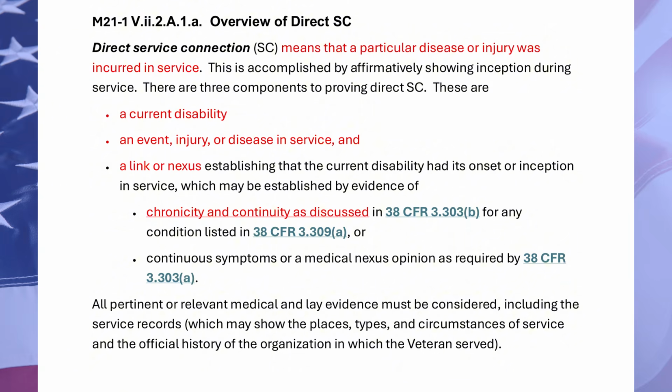And even though you have a current diagnosis, they see, oh, there's no continued treatment. Oh, I'm not going to even request a CMP exam. I'm just going to deny it based on chronicity and continuity. Like I said, as I can recall, maybe 1 or 2 times at the most.